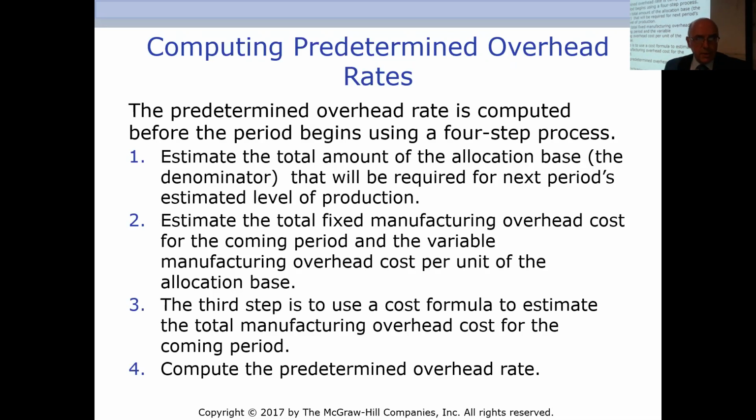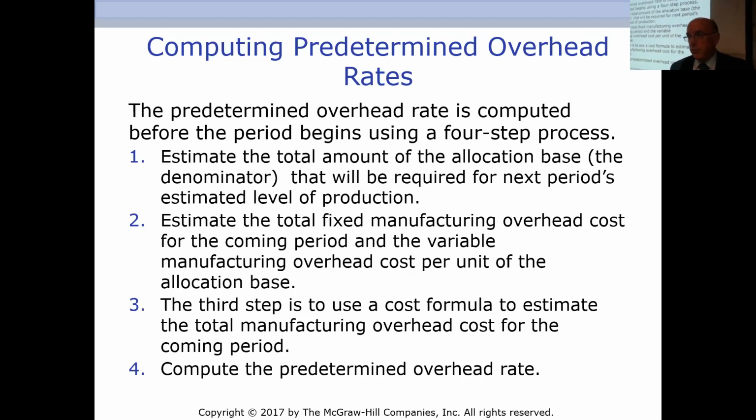And number 2, estimate the total fixed manufacturing overhead. Well, last year, if manufacturing overhead was 40 million, maybe this year it's going to be 41 if it goes up by 2.5%. And again, you could maybe make some calculations. If the rent's going to go up, that would be an overhead item. If certain other items are going to go up or remain unchanged, those would all go into it.